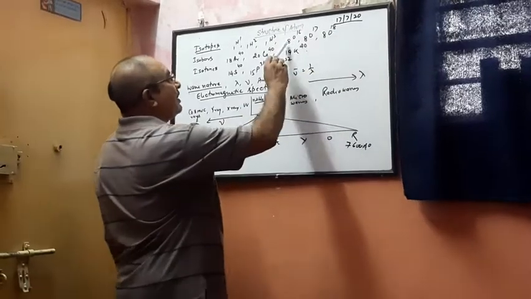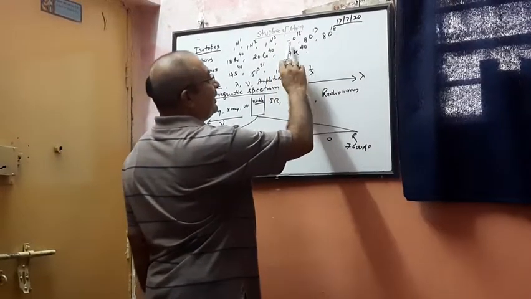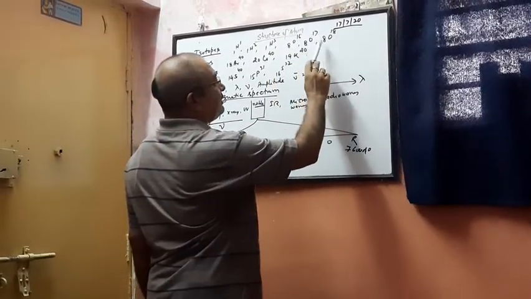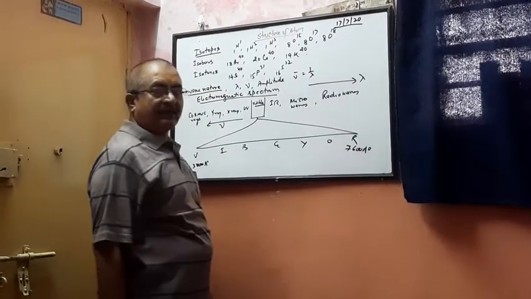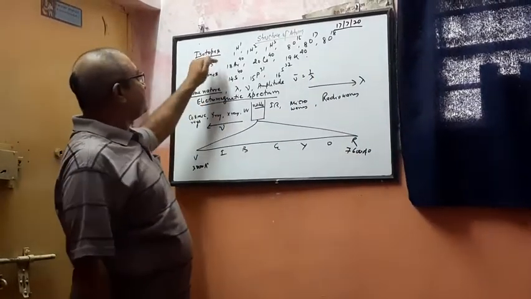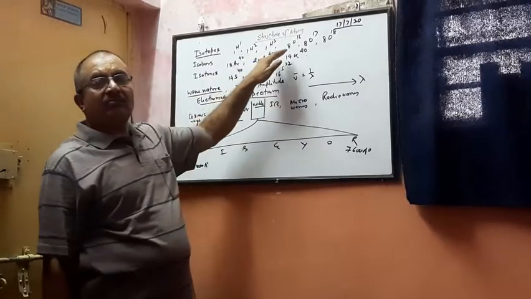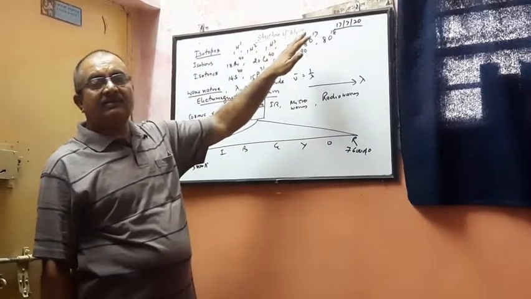In exactly the same way, isotopes of oxygen are 8O16, 8O17, and 8O18. So what do we see? Isotopes means same atomic number and different mass numbers.